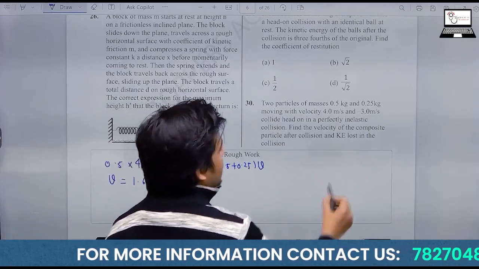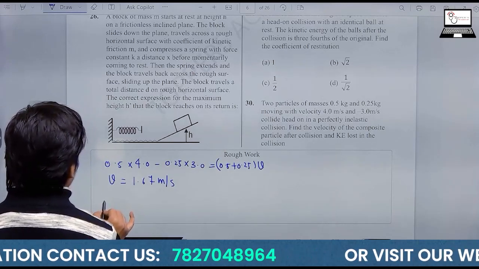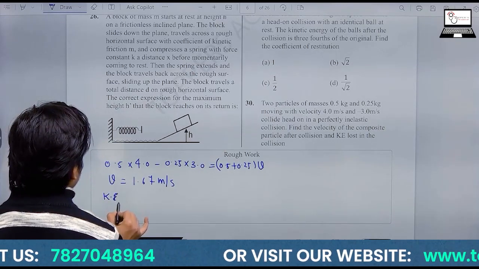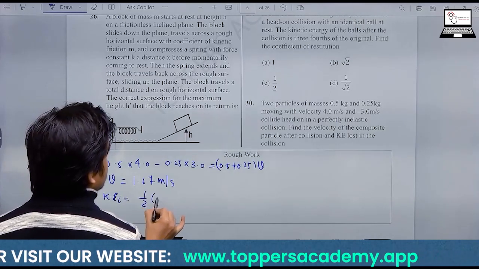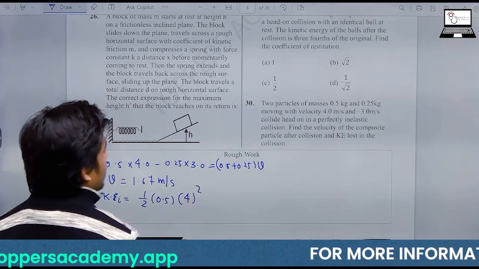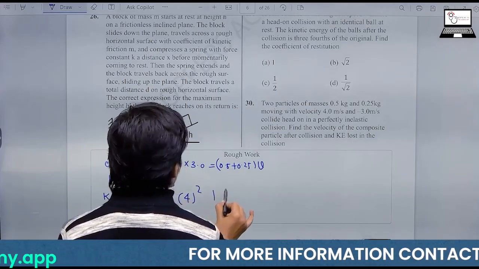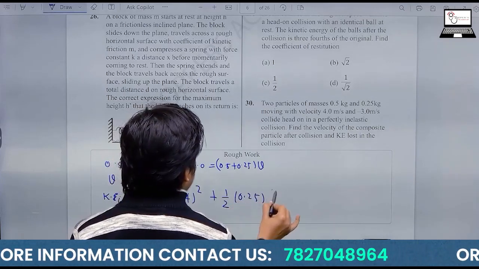What is the kinetic energy lost? The initial kinetic energy is equal to 1 by 2 into 0.5 into 4 square plus 1 by 2 into 0.25 into 3 square.